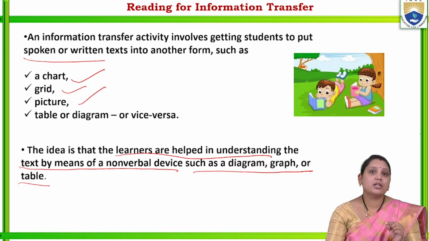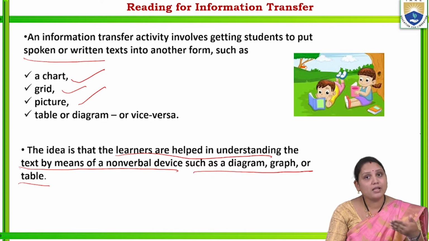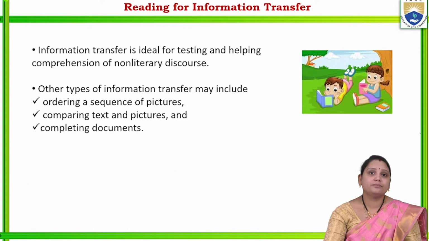So information transfer is a very, very good technique while you are reading. You can try to make changes in the text and segregate it in the form of a table or a chart or a grid or a picture or any way such that it appeals to your reader. It appeals to people and makes it more worthy and informative.